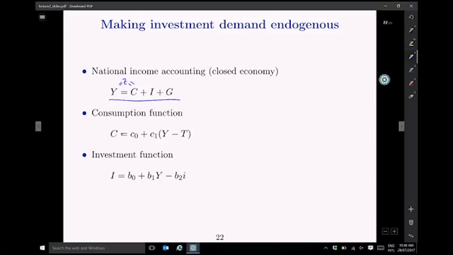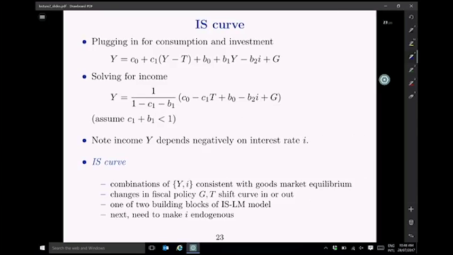And now what we do is we substitute C, the consumption function, in. We also substitute I, the investment function, in. What we are left with is this, the first one. Y equals first consumption plus second investment plus government spending.